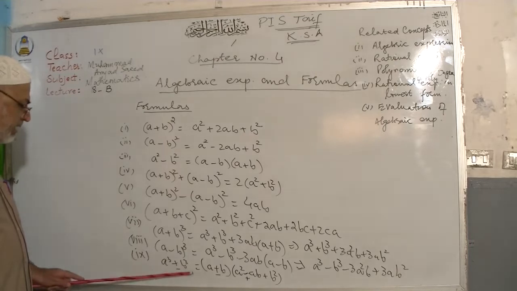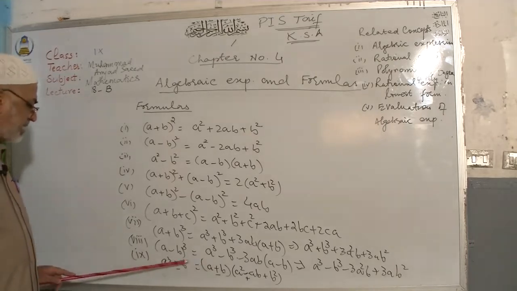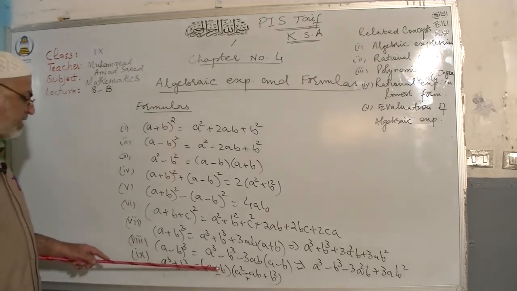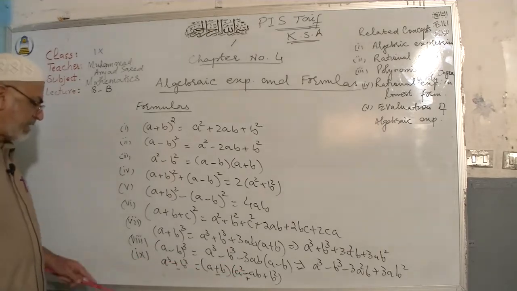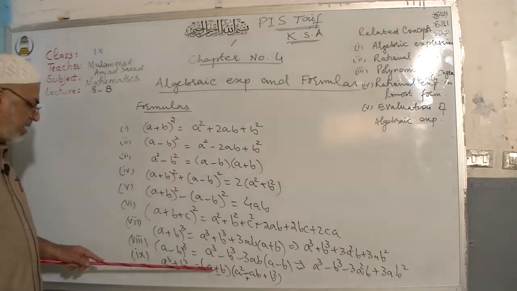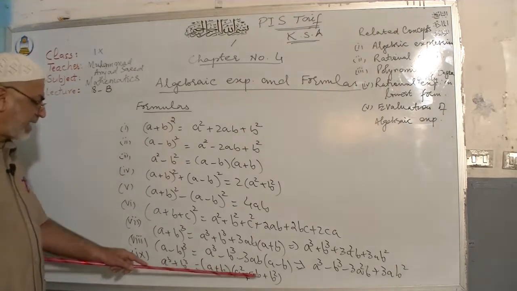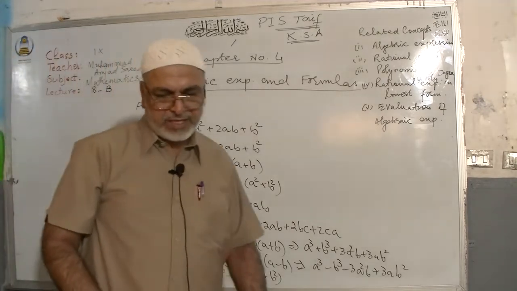In case of independent cube, you remove 3 and 3, you will write down plus and minus, but in the bigger term, the sign will change. Positive to negative and negative to positive. Here is first square plus, then we have minus, first into second plus second square.